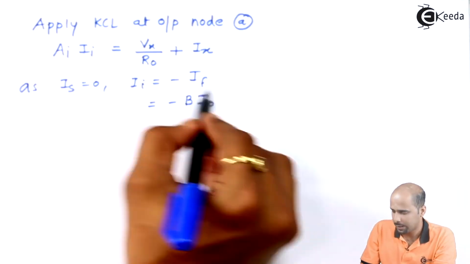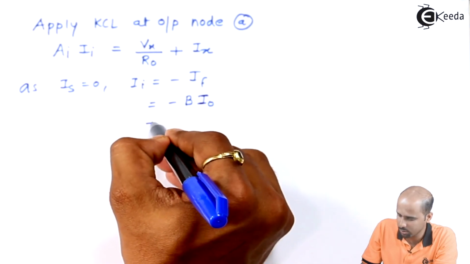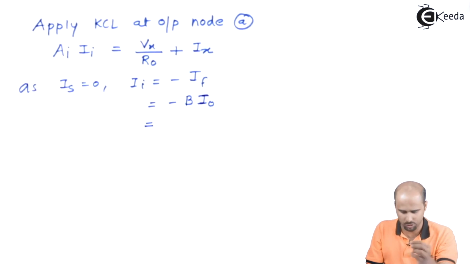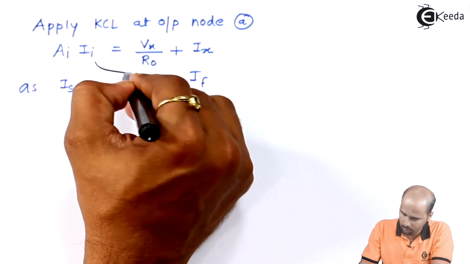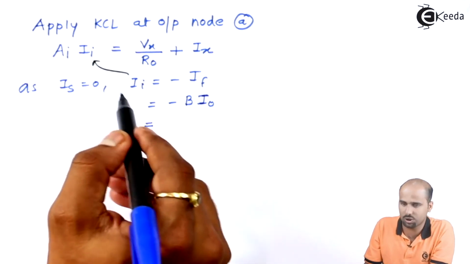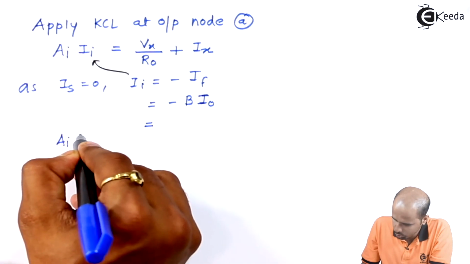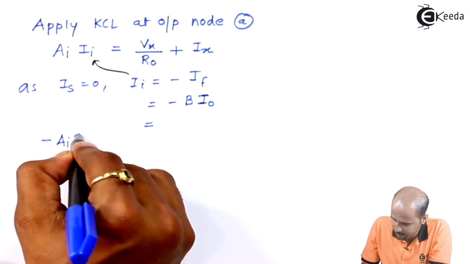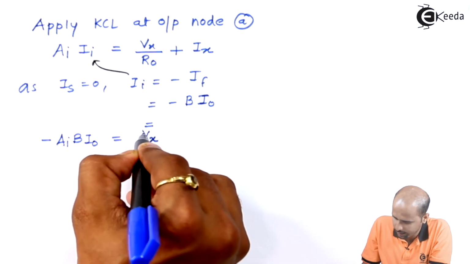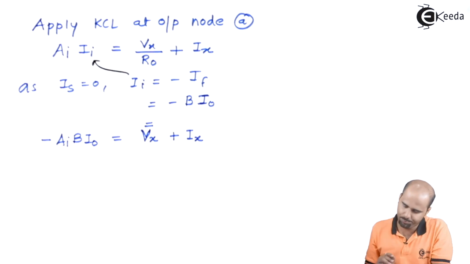We'll keep this IO as it is, and put this value in here. Then we'll try to get the equation: AI into minus B into IO is equal to Vx plus Ix.